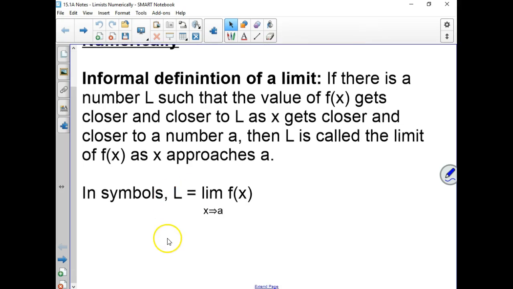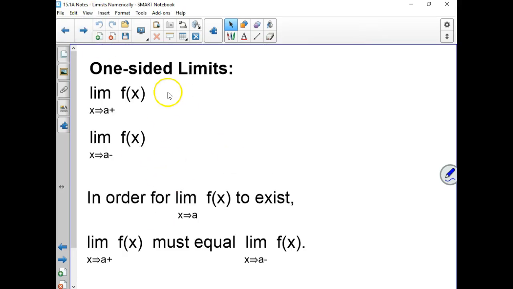So let's look at some examples. Actually no, there's a little more notation I need to give you. We can look at one-sided limits. In the example I just gave you, where I started at 2 and had 2.5 and 2.9 and 2.99 and 2.999, that was what we call a left-sided limit because I was approaching 3 from the lower values.